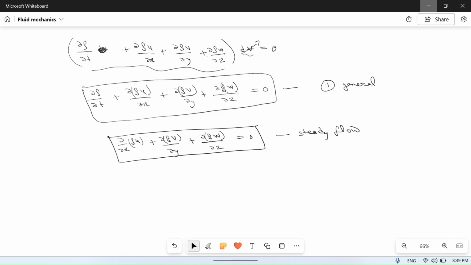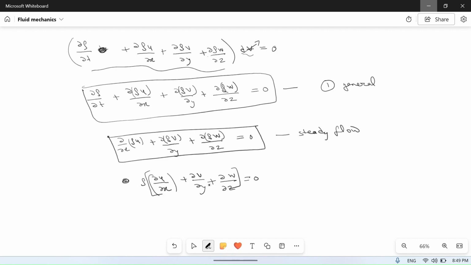And if this is incompressible flow, then density will be constant, so del rho upon del t becomes 0. Density will come out as common because it is constant, so it becomes rho times del u upon del x plus del v upon del y plus del w upon del z is equal to 0.